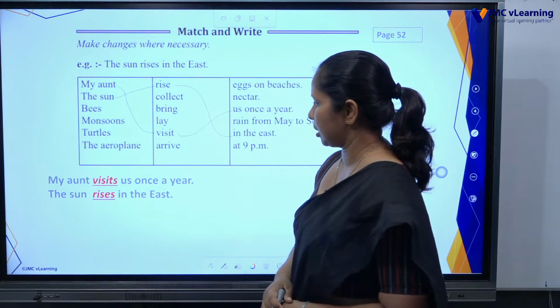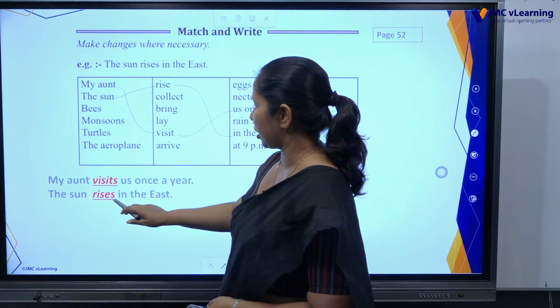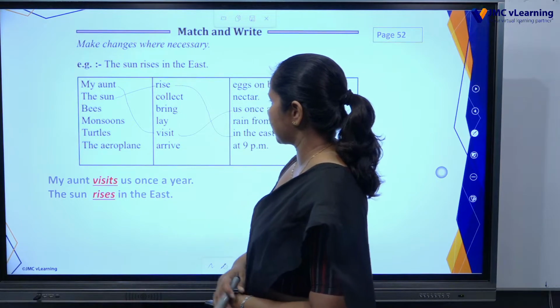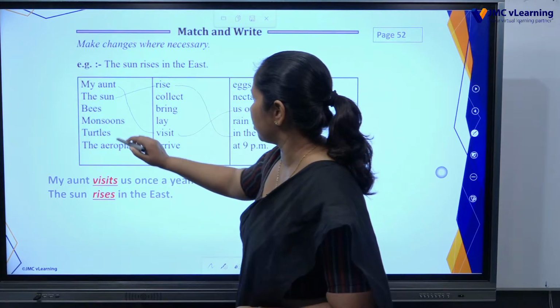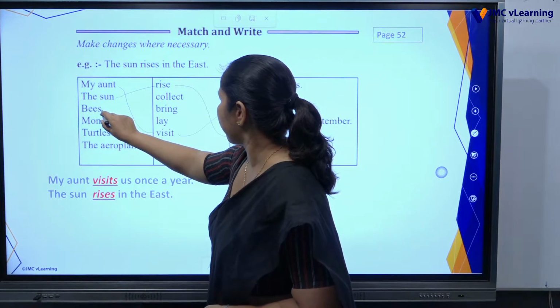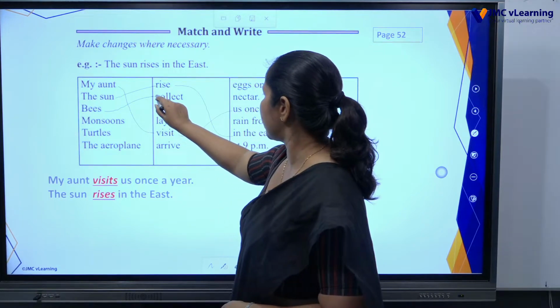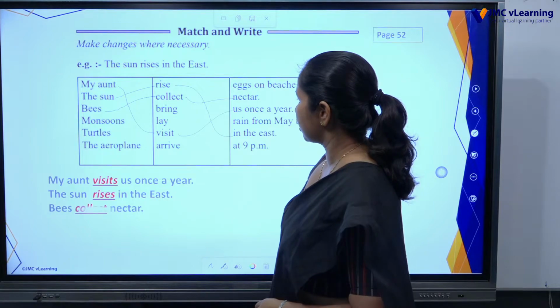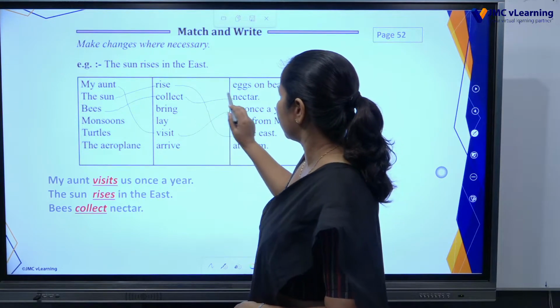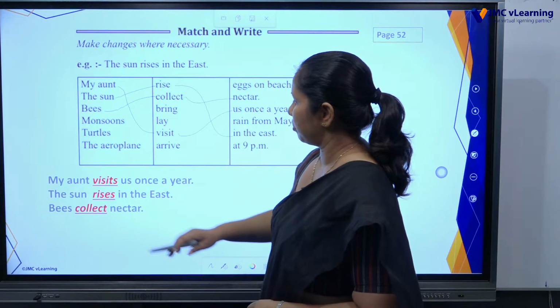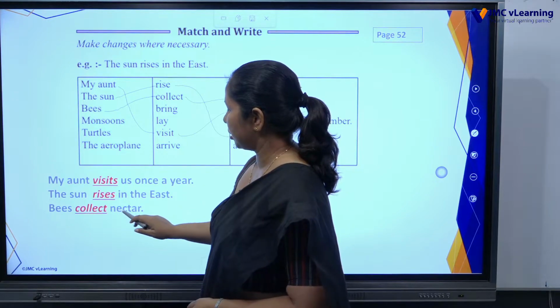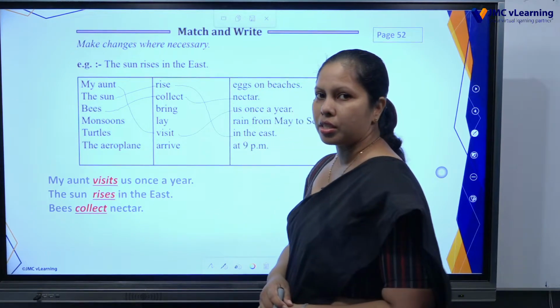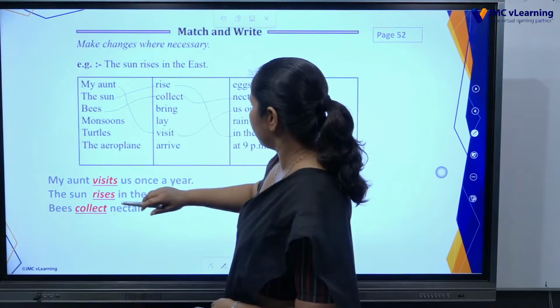The sun rises in the east. We will take the other one, bees. Bees is in the plural form. Bees collect nectar. So there are no changes to be done.